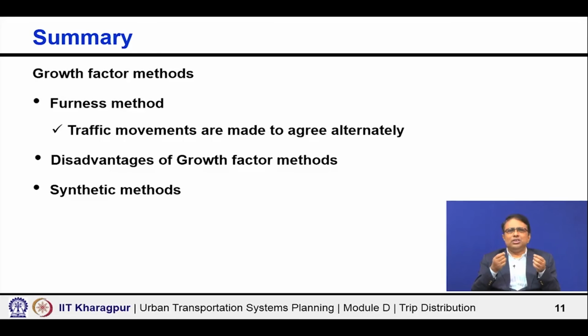Maybe some small changes here and there, but a big impact on city travel will not happen every day. So, if you find that in the last 6 months, 1 year, 1.5 years or 2 years, there is practically no significant change in the overall transport capacity of the network in the city, then we can advantageously use the growth factor method to quickly update our matrix for planning purposes, which is perfectly all right.